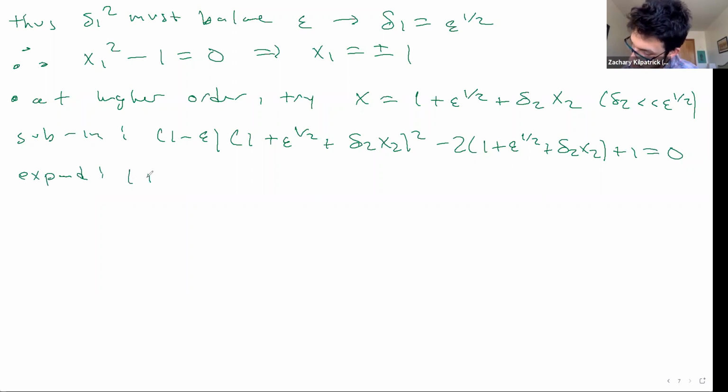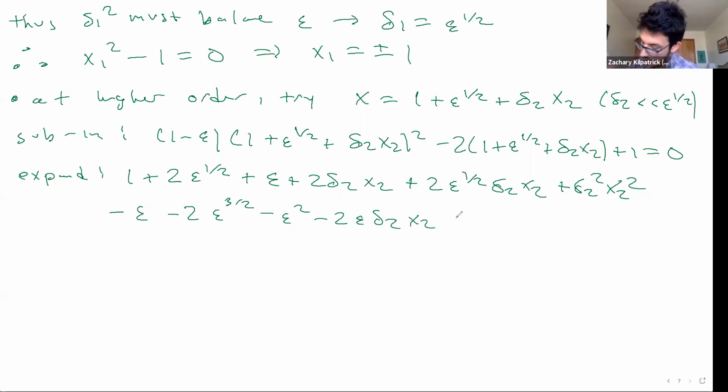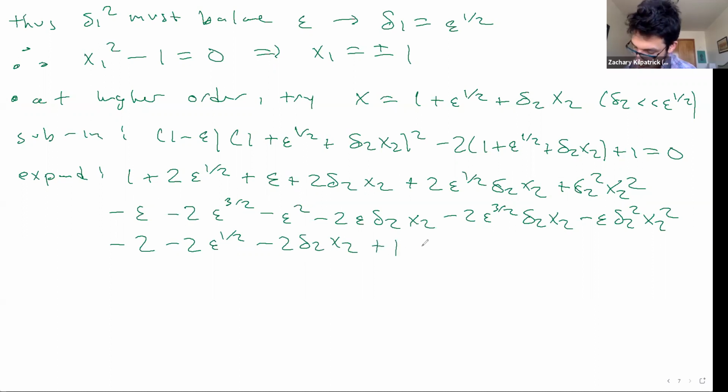Expand, as we always do with the expansion method: 1 plus 2 epsilon to the 1/2 plus epsilon plus 2 delta 2 x2 plus 2 epsilon to the 1/2 delta 2 x2 plus delta 2 squared x2 squared, minus now our times epsilon terms: minus epsilon minus 2 epsilon to the 3/2 minus epsilon squared minus 2 epsilon delta 2 x2 minus 2 epsilon to the 3/2 delta 2 x2 minus epsilon delta 2 squared x2 squared, minus 2 minus 2 epsilon to the 1/2 minus 2 delta 2 x2 plus 1 equals 0.